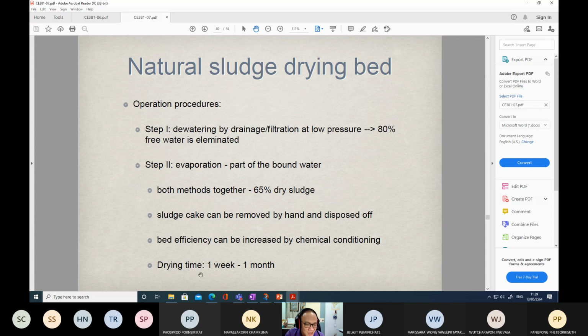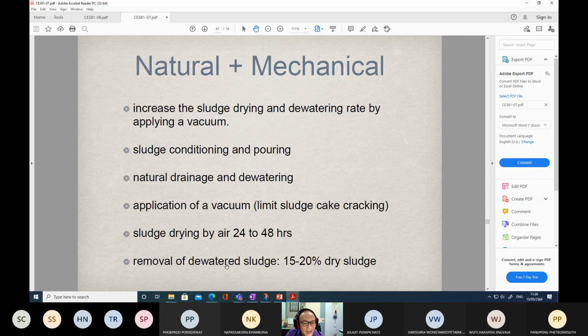If we don't want to wait for a long time, we can apply a vacuum. Once the vacuum is applied, the retention time can be reduced to only 24 to 48 hours. But the percentage of dry sludge may drop to only 20%.